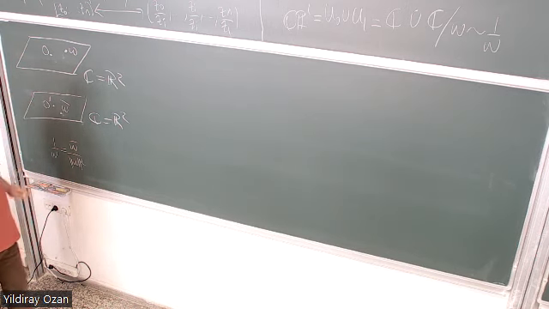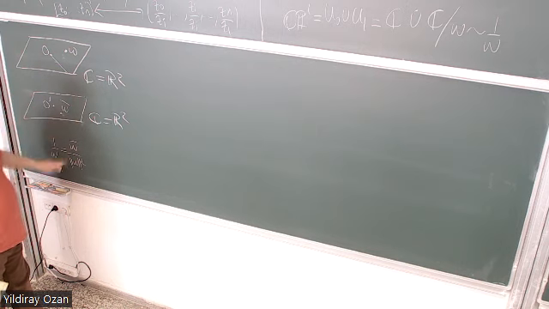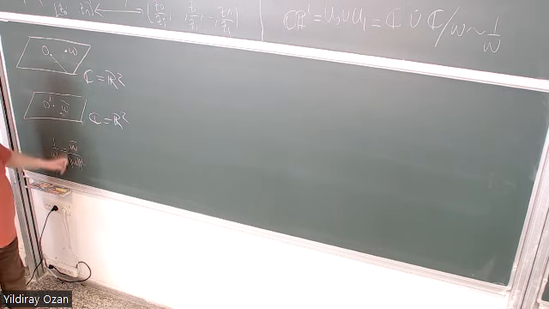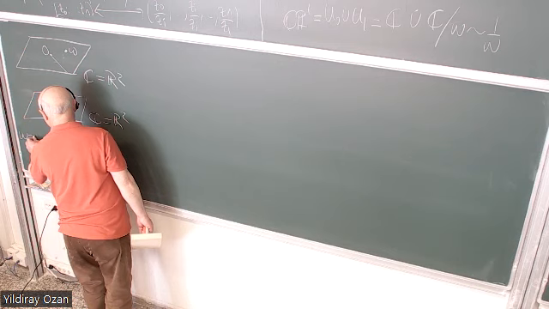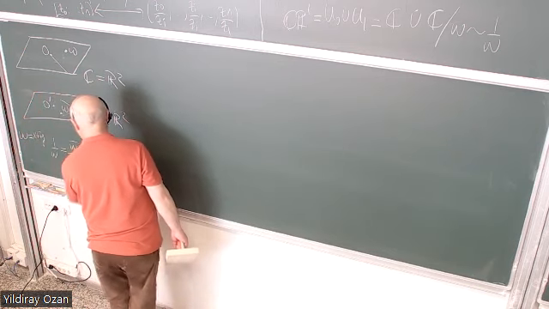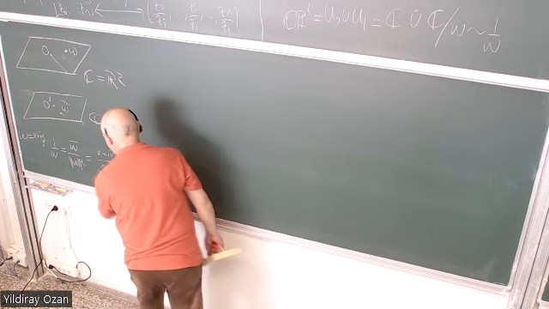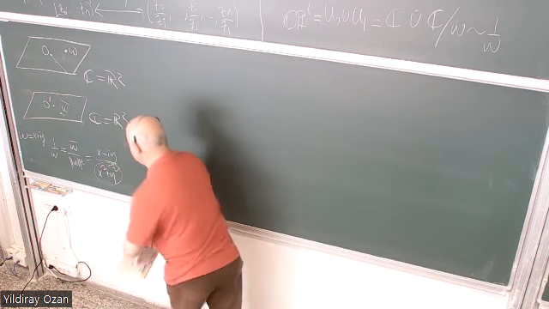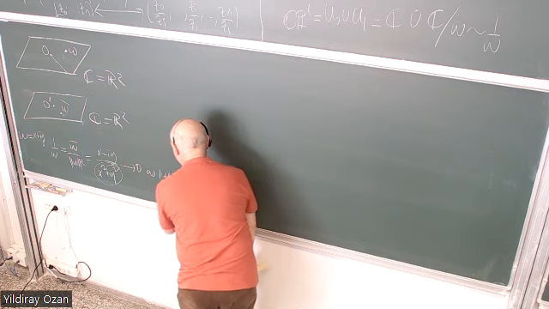And again, as in the case of real projective plane, as the norm of W goes to infinity, this goes to 0, because if W is x plus iy, this is x minus iy divided by x squared plus y squared, which is the norm of W squared. If this gets to infinity, then this goes to 0, right?